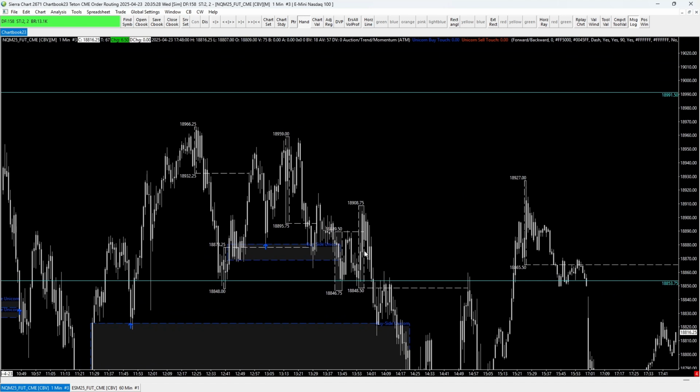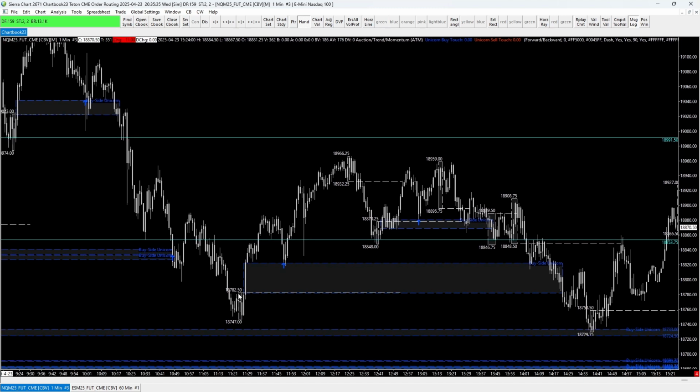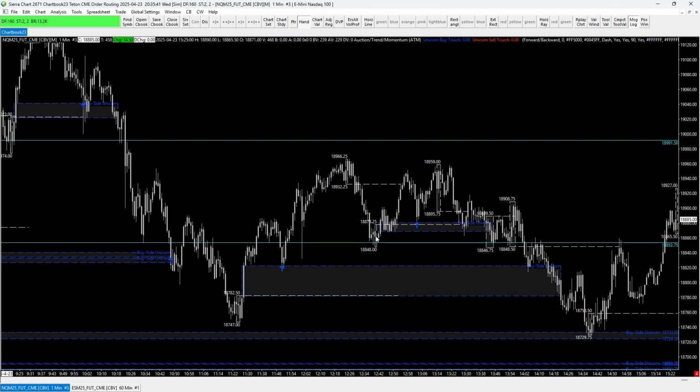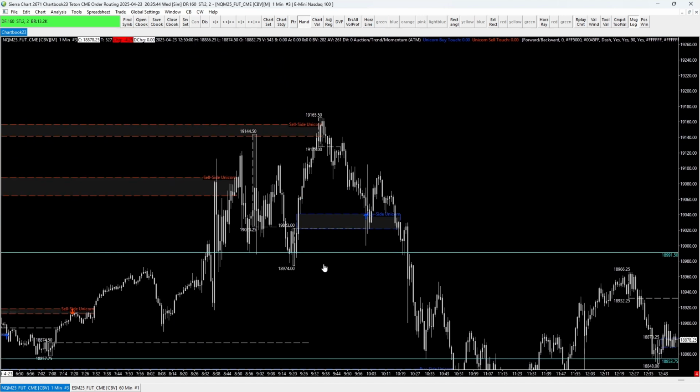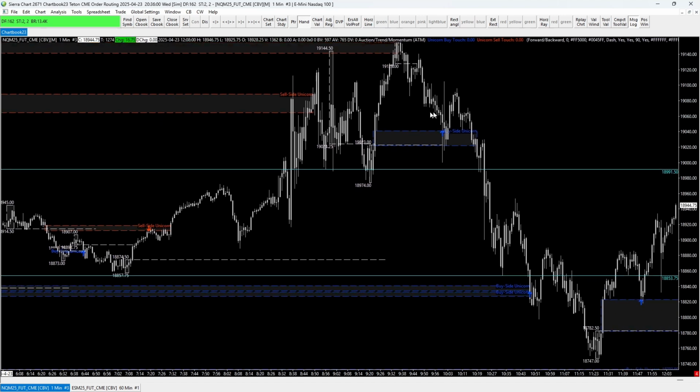It's basically a fair value gap intersecting with the highest bar, or the first bar, in the move to the low, or from the other direction, the fair value gap has to intersect with the lowest bar in the move to the high. So the top of the move to the low or the low of the move to the high. Fair value gap, look for the retest, and we've got a signal that triggers.